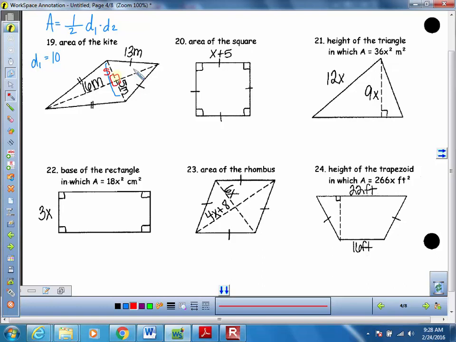So when you plug in and you use the Pythagorean theorem, you'll find that this piece right here is going to be 12 meters. So that makes our diagonal 2 28 meters long. So when you plug into our formula, that ends up giving us 1/2 times 10 times 28. And when you plug that into your calculator, that gives you 140 meters squared.